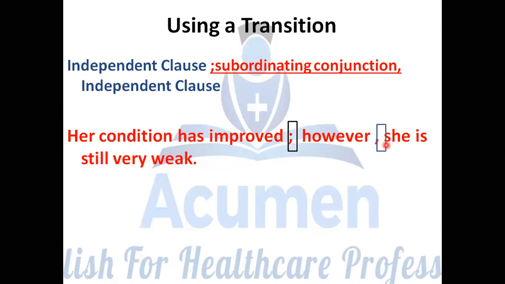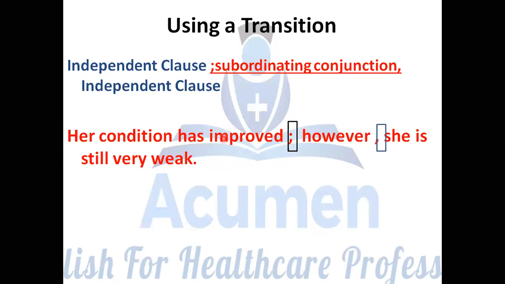And the sentence which starts after the comma has a lowercase. Even here, the transition has a lowercase because it is written after a semicolon. So semicolon, wherever it is, the sentence still continues. It is not a new sentence.